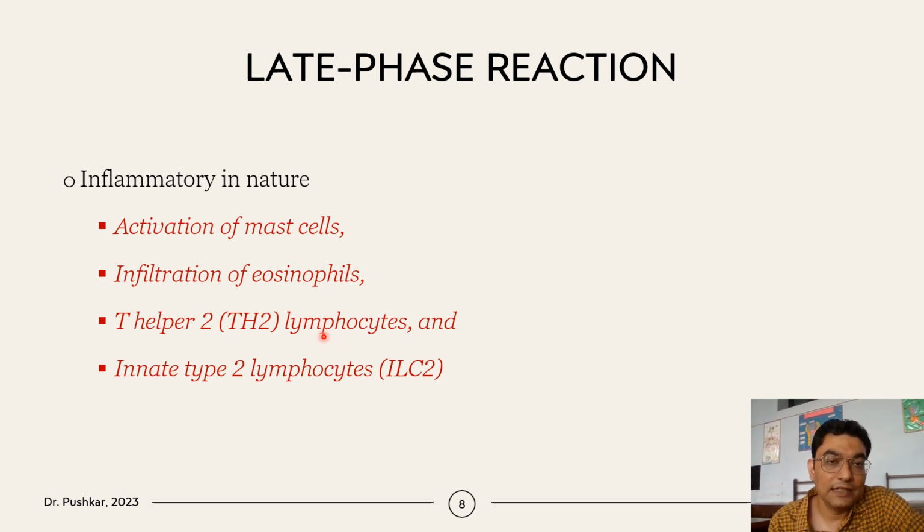The presence of these leads to inflammation. Among the lymphocytes, T helper 2 lymphocytes are present, as well as innate type 2 lymphocytes or ILC2. All these mast cells, eosinophils and lymphocytes lead to inflammation in the late phase reaction.